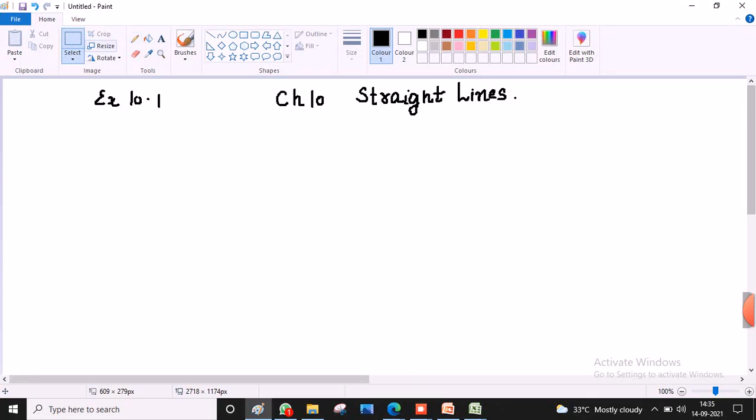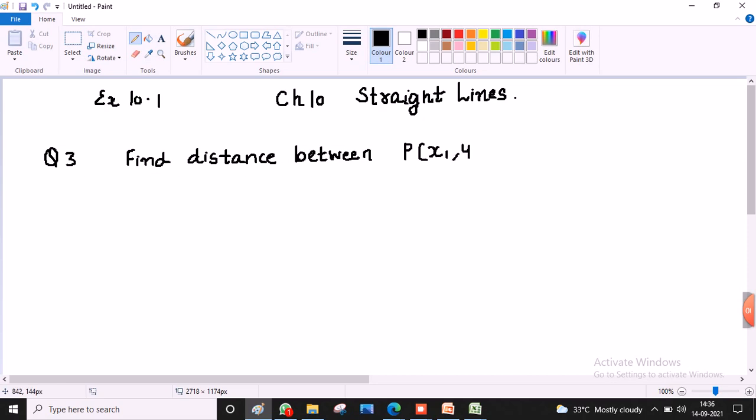Alright, so we are going to do question number 3. You have to find the distance between P, which is x1 comma y1, and Q, which is x2 comma y2, when PQ is parallel to the x-axis.